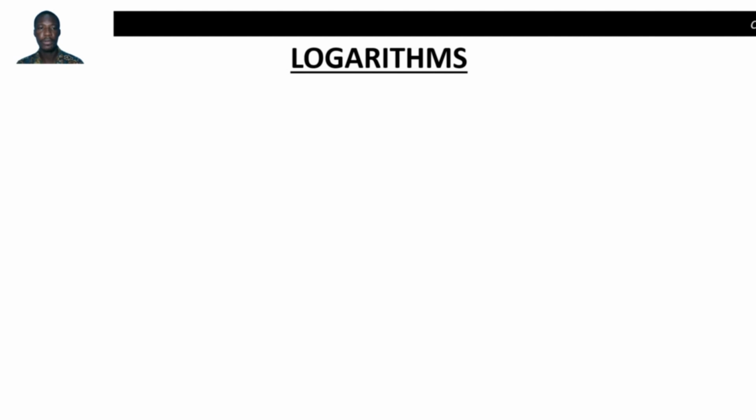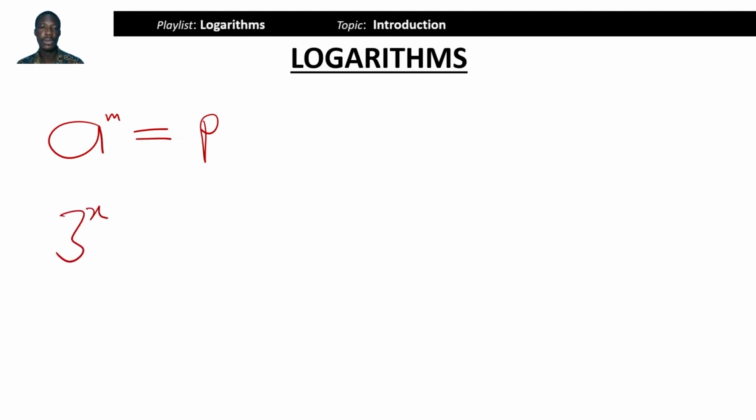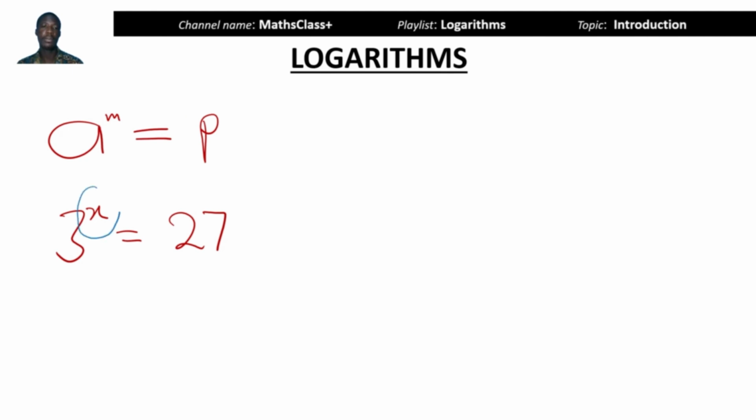We know if you have a to the power m and the value of this expression is equal to p. What logarithm does is, if you don't know the value of m, let's assume 3 to the power x is equal to 27, and you don't know the value of x, then logarithm helps you find the value of x.